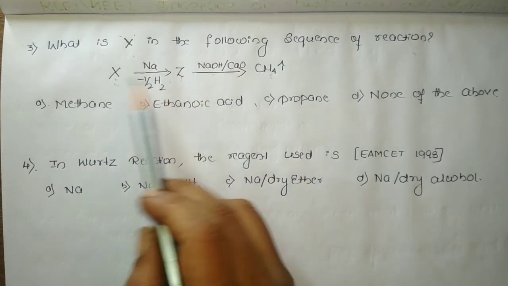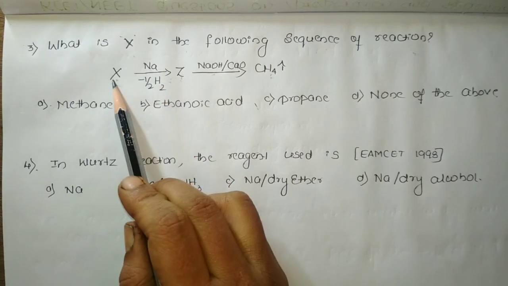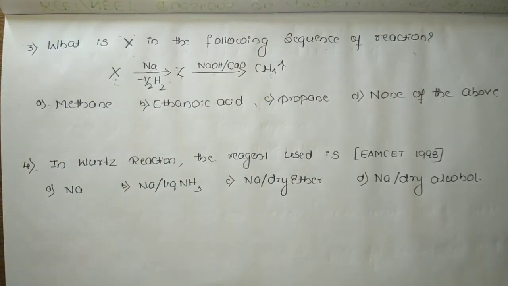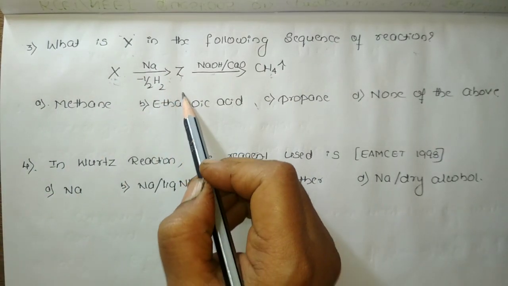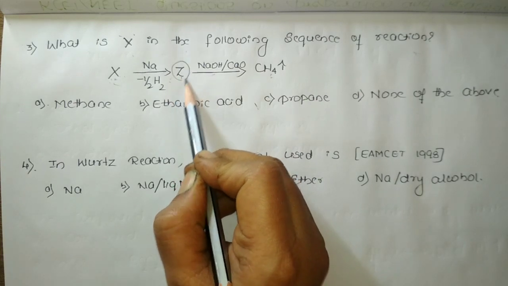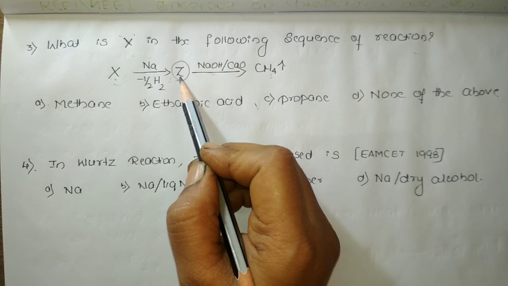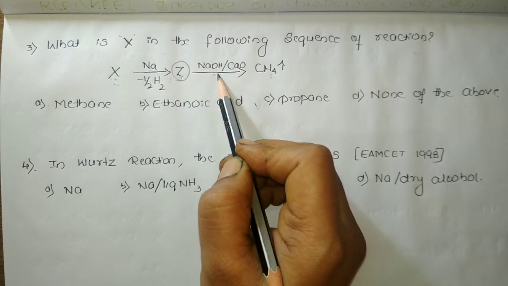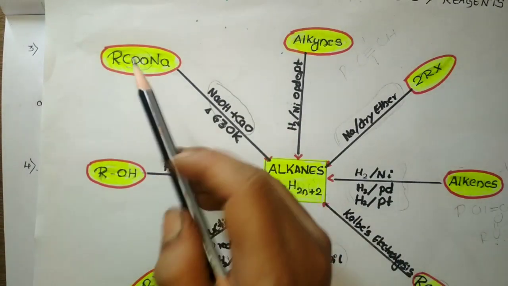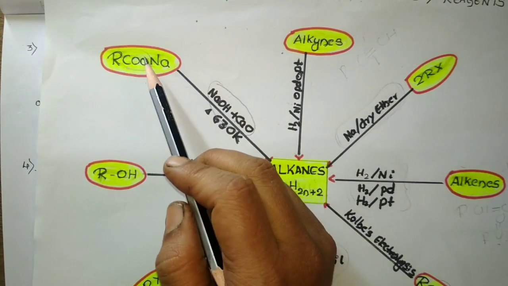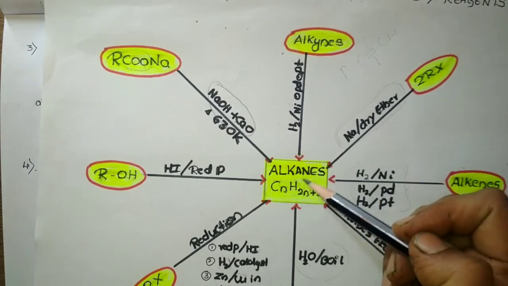I don't know this part where I'm not getting what X is, but through the mind map, if you have practiced, you can guess what Z is, right? So what is Z here? Z when treated with soda lime gives methane. So we have a reaction where a carboxylic acid treated with soda lime gives an alkane.